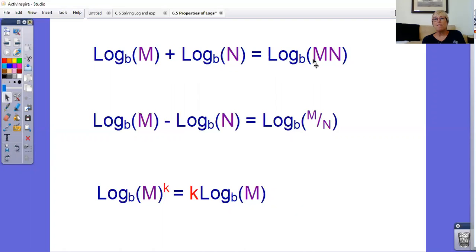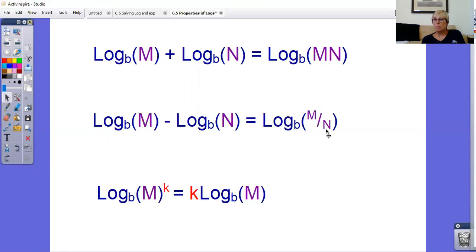So when you have two elements in there and it's multiplied, so these are factors of each other, m plus n. In this case, when the argument is a quotient, you've got a numerator and a denominator, the m minus n.